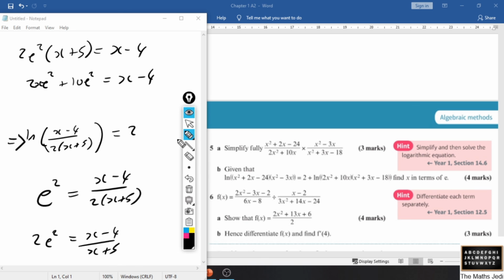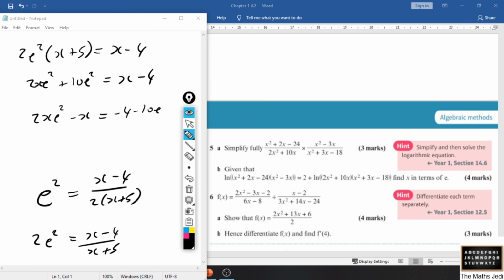Take all the x expressions to the same side, and the numbers to the other side. Divide through by x.